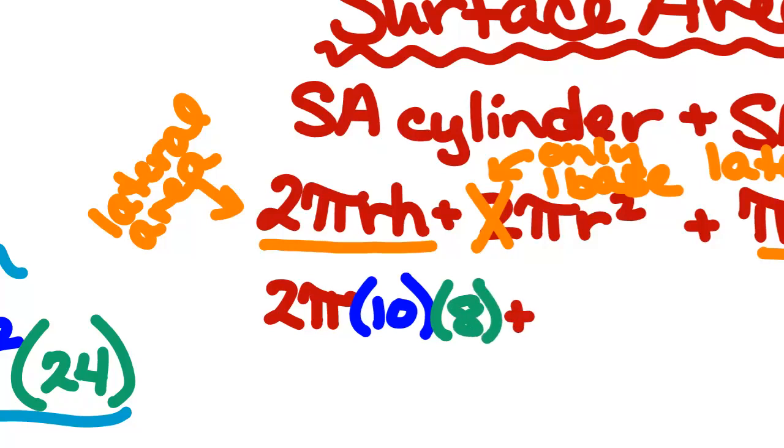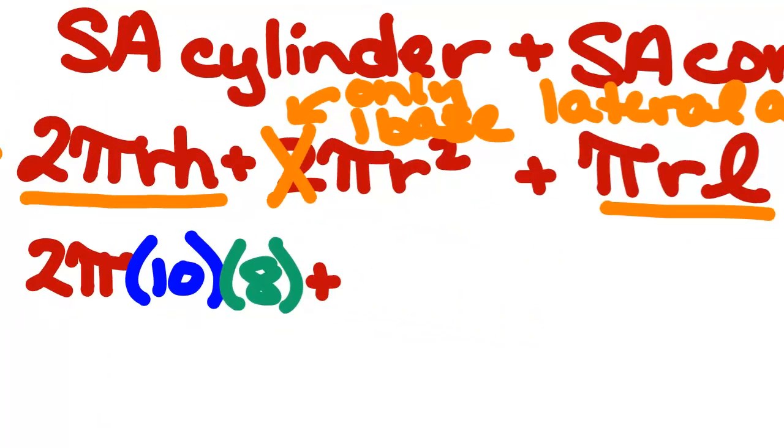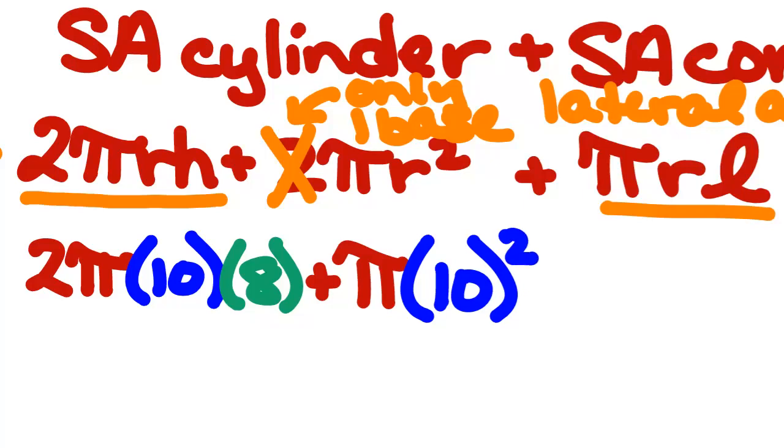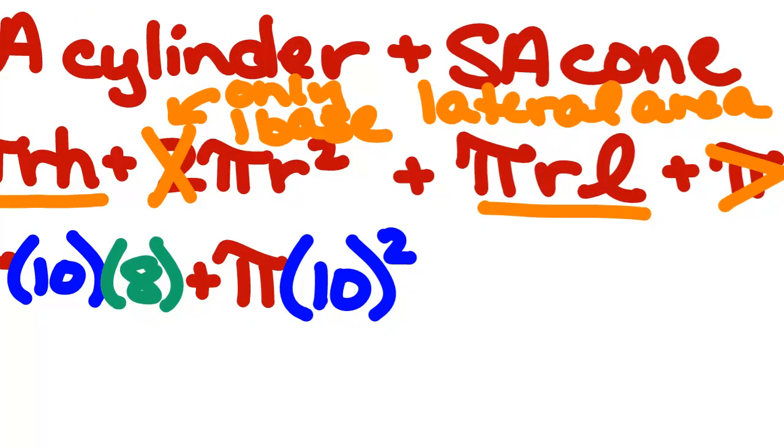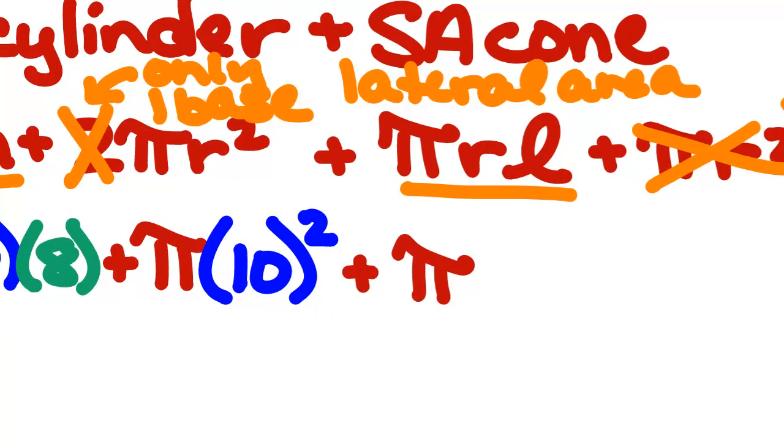Plus, and we crossed out the 2 because I don't want 2 bases, I just want the one base, the one on the bottom, pi r squared, so I have pi times 10 squared plus pi times my radius of 10 times the slant height of the cone. Do I have that part?